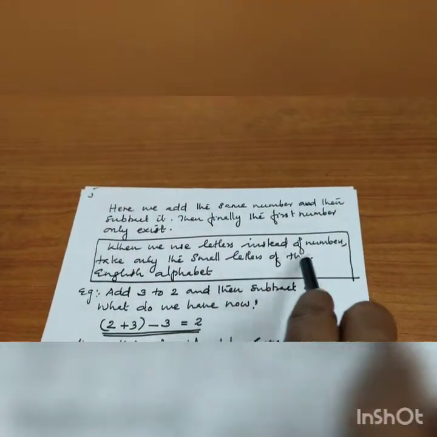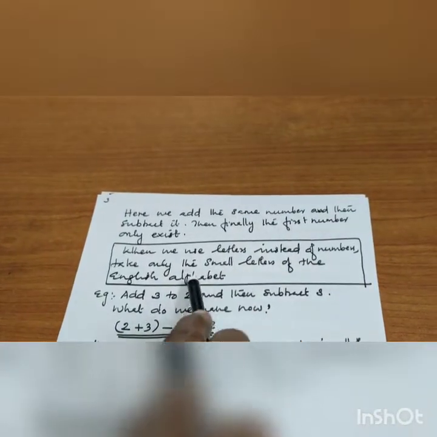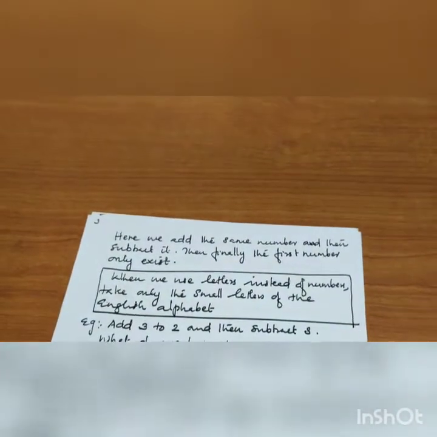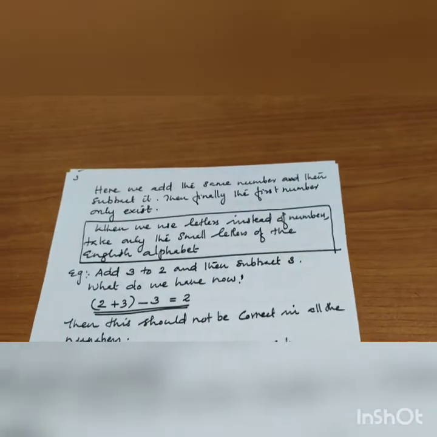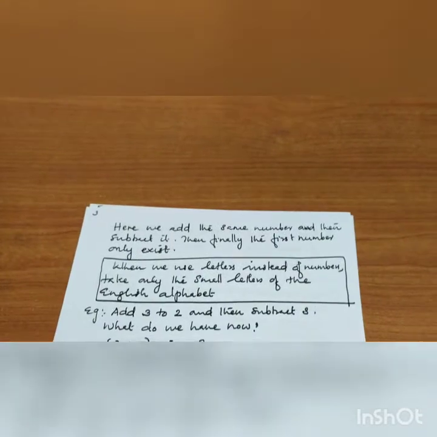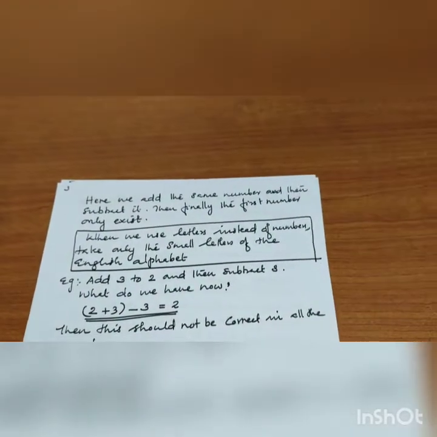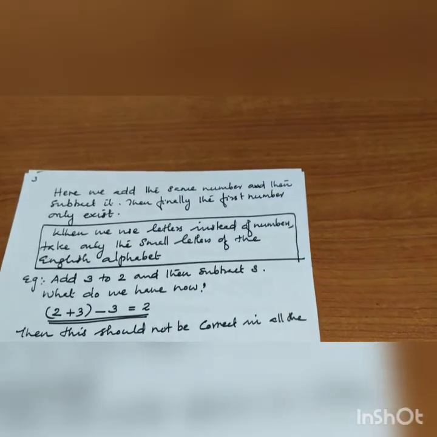When we use letters instead of numbers, take only the small letters of the English alphabet. But one thing you have to remember, only use the small letters of the English alphabet, not capital letters. You have 26 English alphabets. You can choose any of these, but it is only small letters.